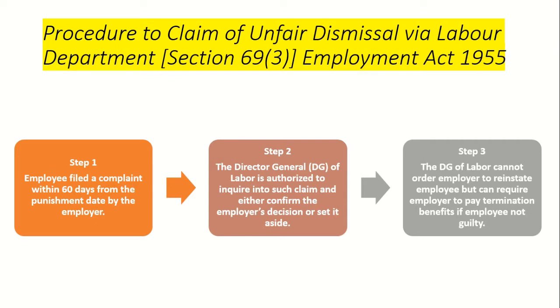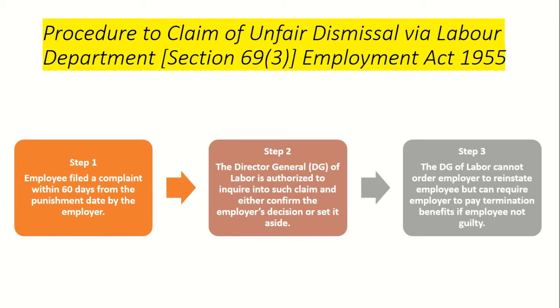So once you had been dismissed and you think that the dismissal is without just cause or excuse, without any reasonable reason, therefore you must go to the Labour Department and file a complaint immediately, as soon as possible. Once benda tu berlaku je, kalau boleh hari tu terus you pergi ke Labour Department untuk file complaint ni. Sebab Labour Department hanya accept cases yang less than 60 days. After 60 days, kalau you pergi nak buat lagi, for sure your case will be rejected.